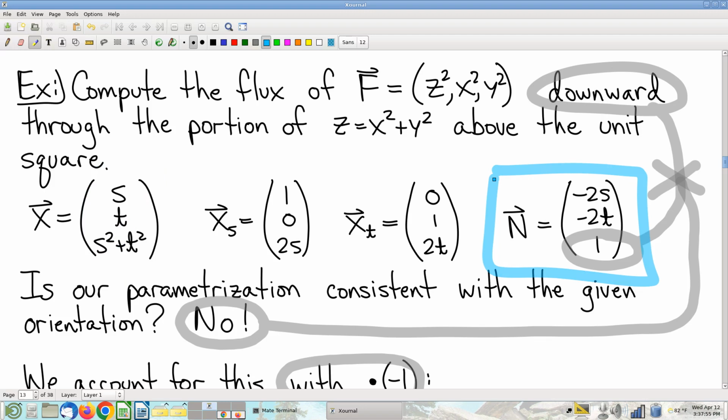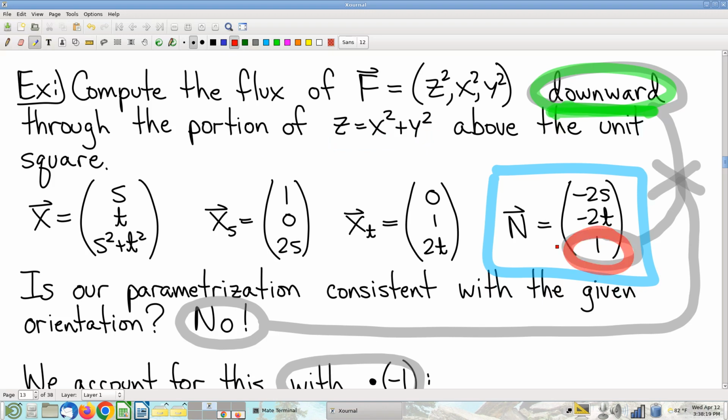And so here's the way we ask it. So we were supposed to orient downward, right? The question comes as being about downward flux, or said differently, about flux through the downward oriented surface. Did I parameterize downward? Well, nope.